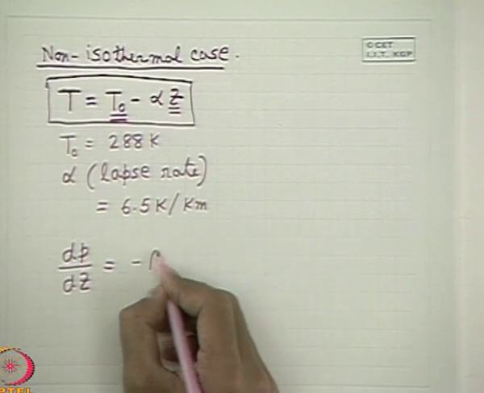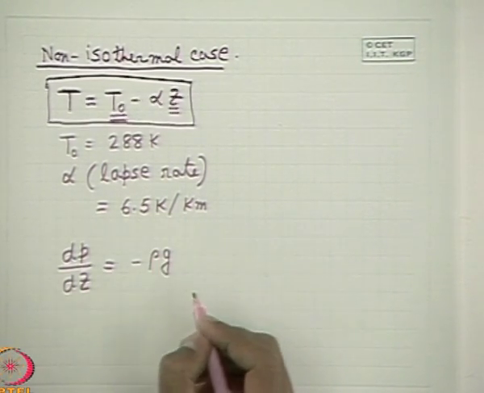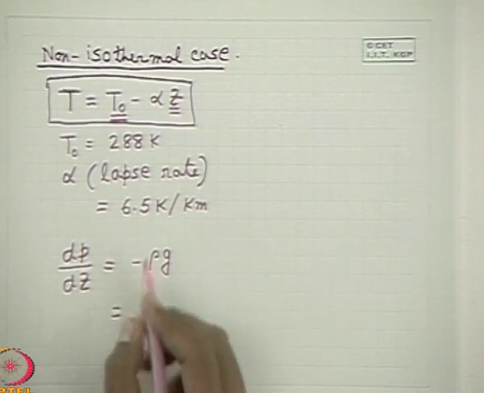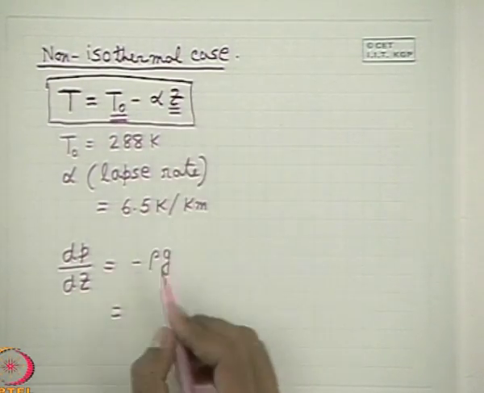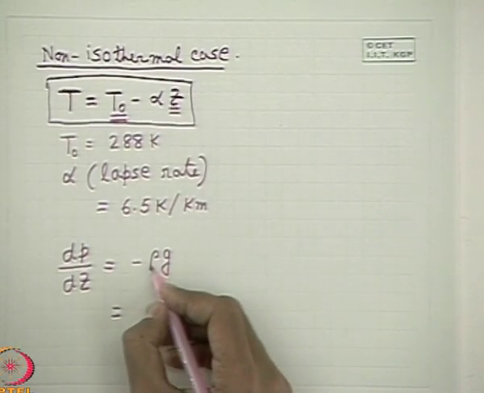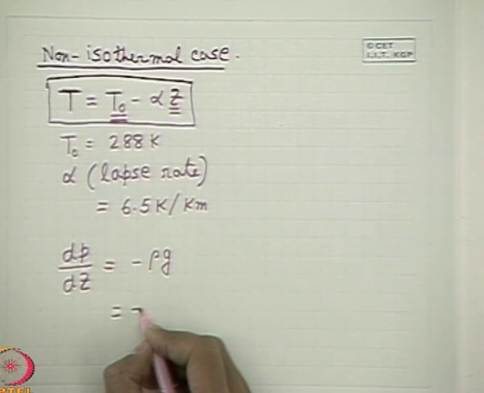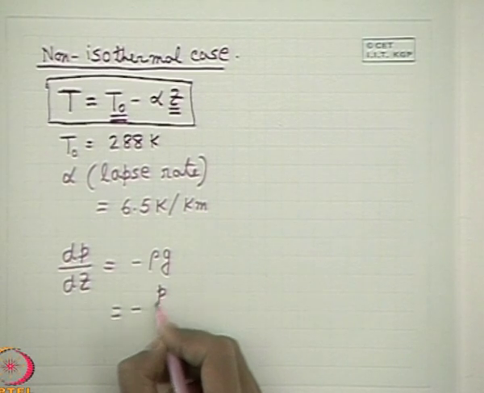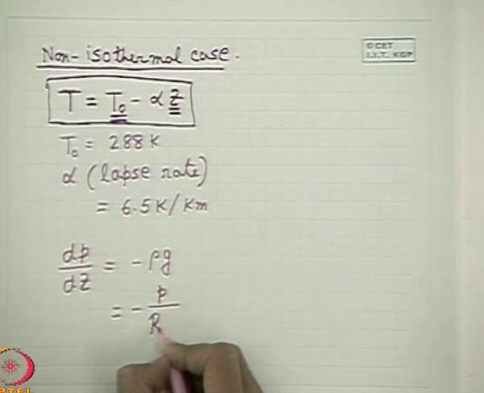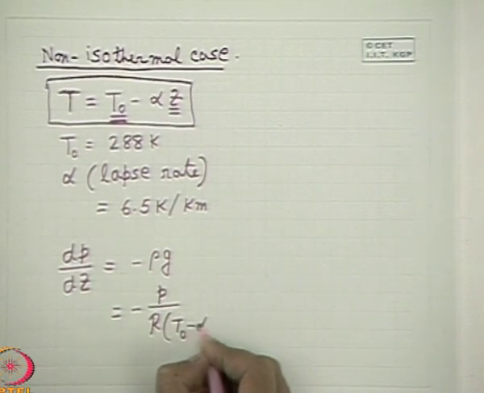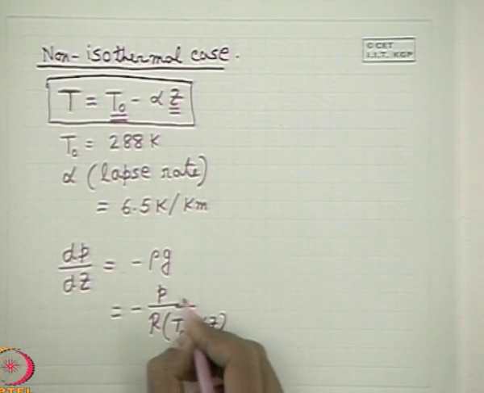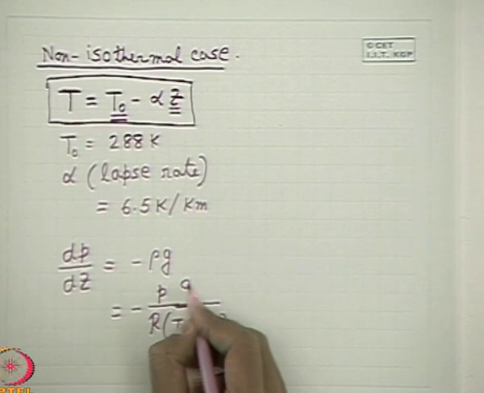That means dP/dz is minus rho g. Now rho is what? From the equation of state, along with that, if we assume that the atmosphere behaves as a perfect gas, rho can be expressed as P by RT, and in place of T I write T0 minus alpha z, times the g.